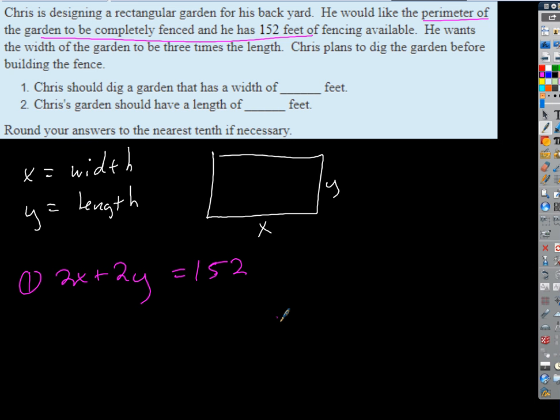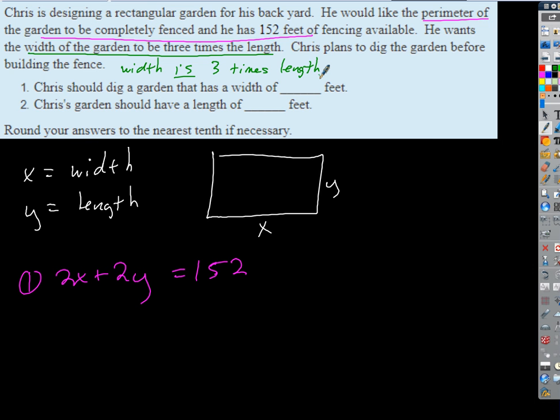How about he wants the width of the garden to be 3 times the length. So how do we say that with is? Width. Let's just say width is 3 times length, right?